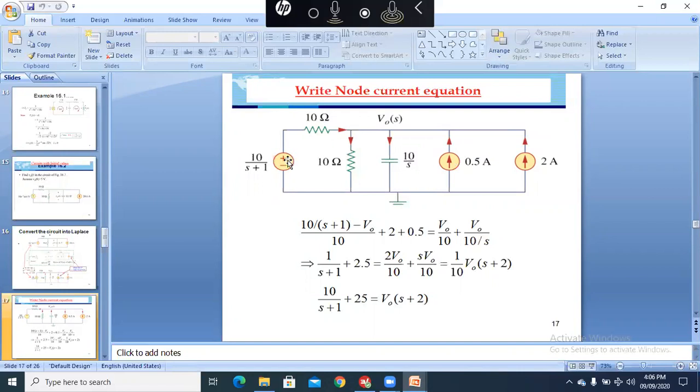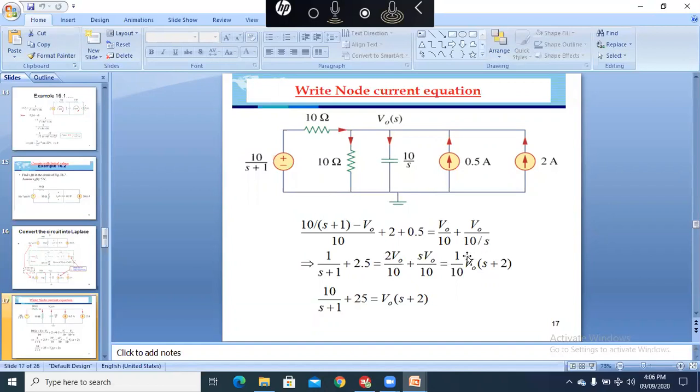So (10s plus 1 minus V naught) divided by 10 is the current entering, plus this 2 and 0.5 currents entering, and then V naught by 10 is leaving, and V naught by 10 by s is also leaving.